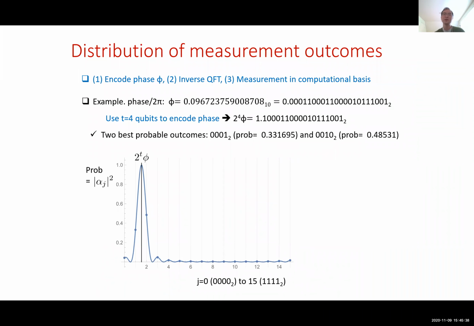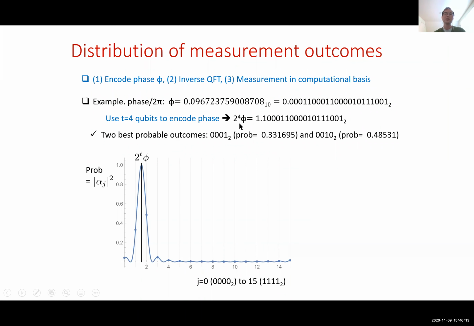So I'm giving you an example. Suppose I have a phase like this. Suppose this phase divided by 2 pi is this number, and in terms of binary, this. Suppose I am only using 4 qubits to extract the phase information. 2 to the 4 times this is 1.1, etc. like this.